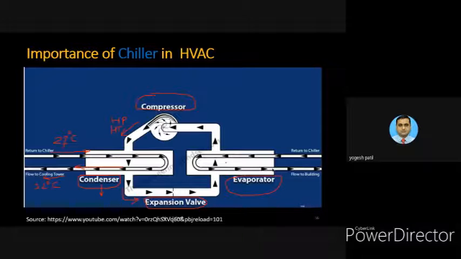So how much chilled water we have to provide to the air handling unit, another component, from the evaporator, and what degree Celsius of chilled water we have to provide, that rate can be adjusted by the expansion valve. So this is the expansion valve. The expansion valve gives the liquid form to the evaporator.